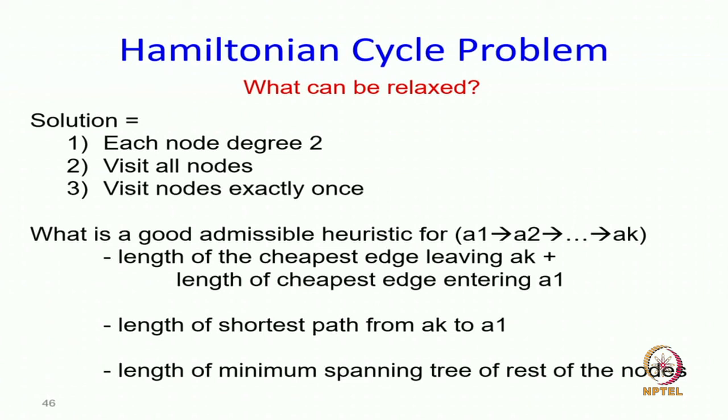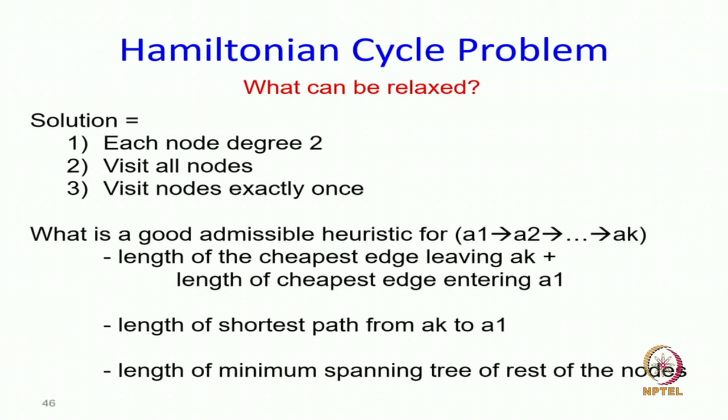Now, this minimum spanning tree, would it be an admissible heuristic of the original problem? What is it saying? It is saying visit all nodes. Yes, but should all nodes have degree 2? No. Should all nodes be visited exactly once? Well, it is a tree, so there is no notion of visiting per se. So, not exactly.